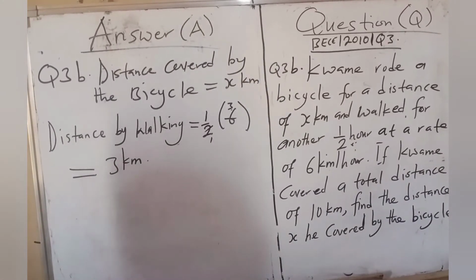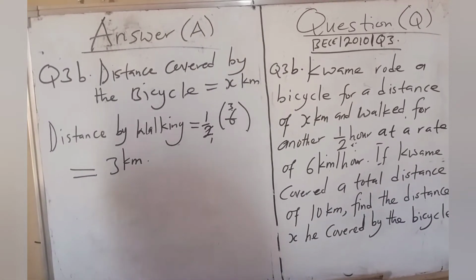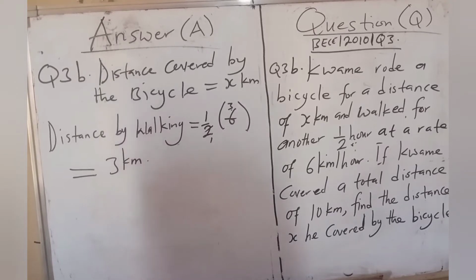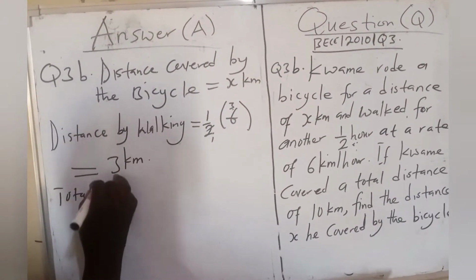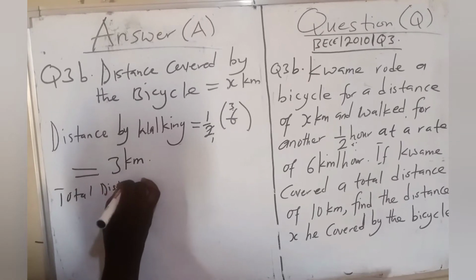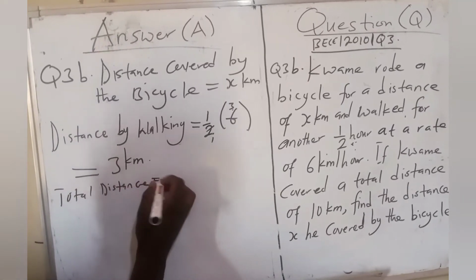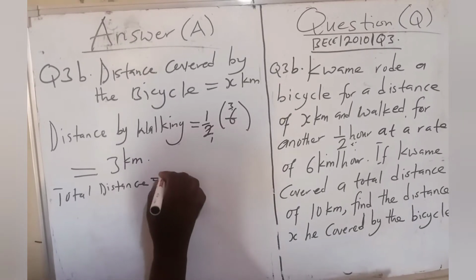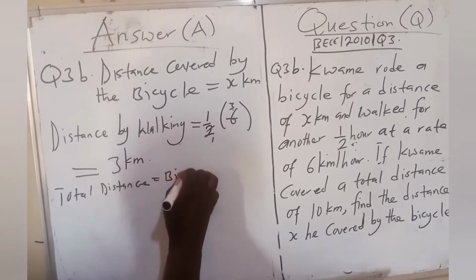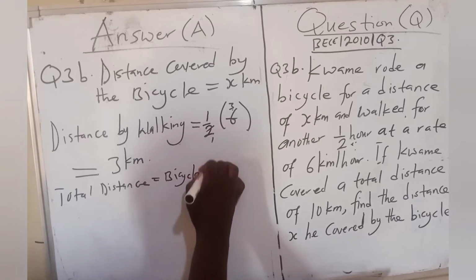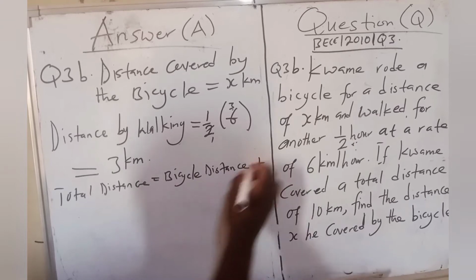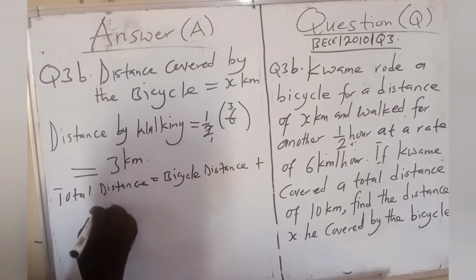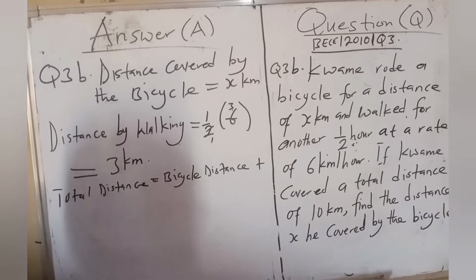Now, we know that the total distance covered by Kwame will therefore be, so total distance will be equal to, let me just say, bicycle distance, to cut it short, that's the distance he covered using the bicycle, plus the distance he covered walking.